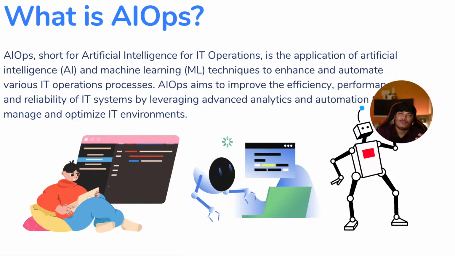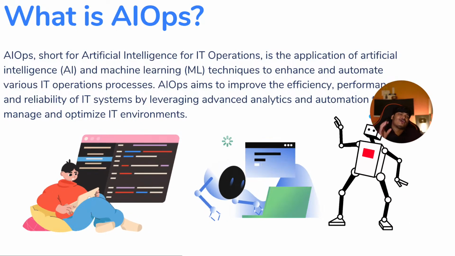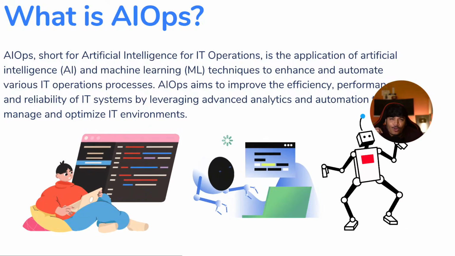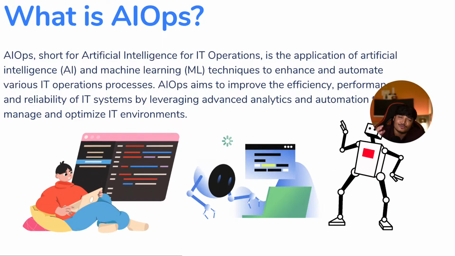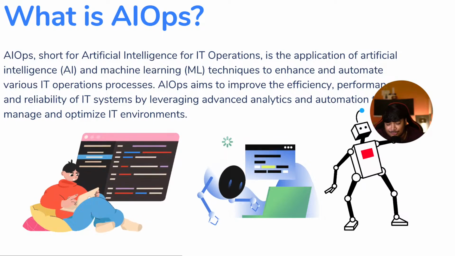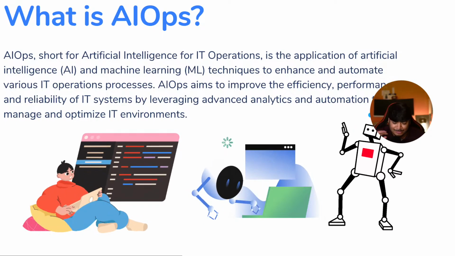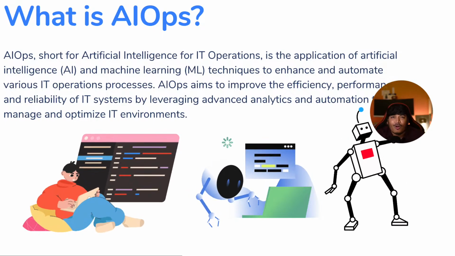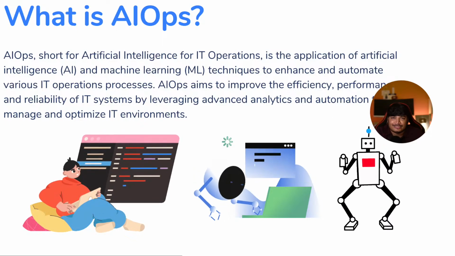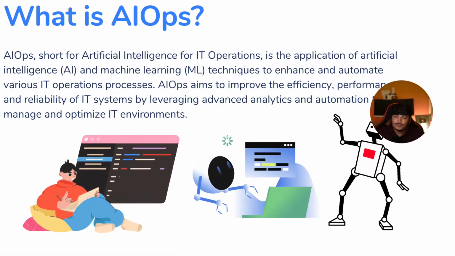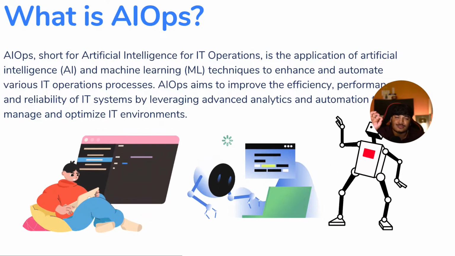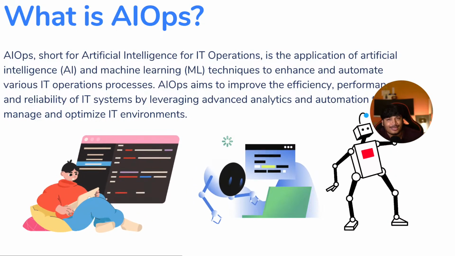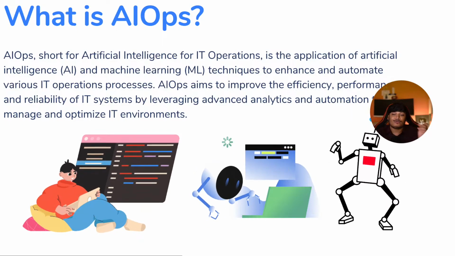What that means is, as part of IT operations we do deployment, scaling, root cause analysis, we fix bugs, we support the systems, we support the engineers, we make sure systems are running fine. As a DevOps engineer, we do all those things, right? How about we reduce the burden from us using AI? That's all about AIOps.